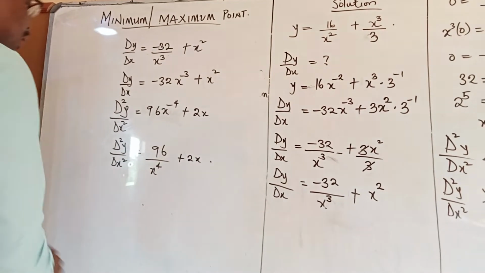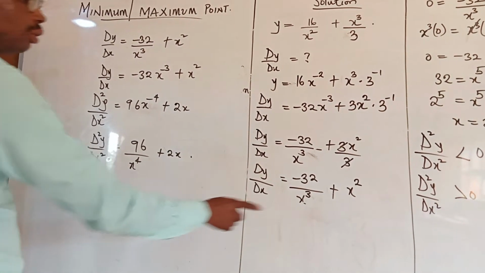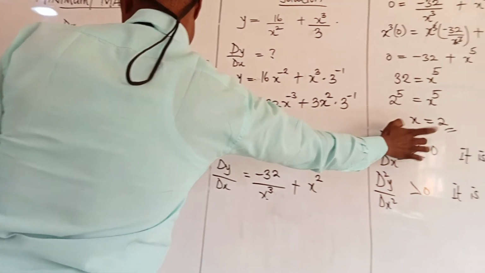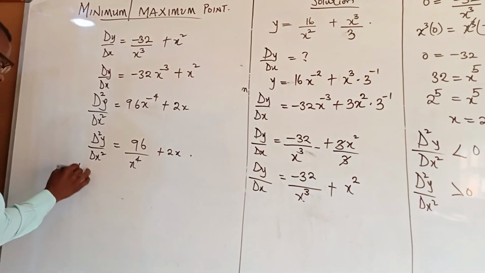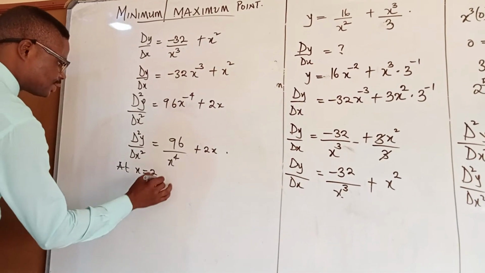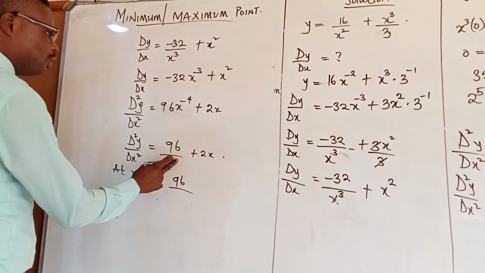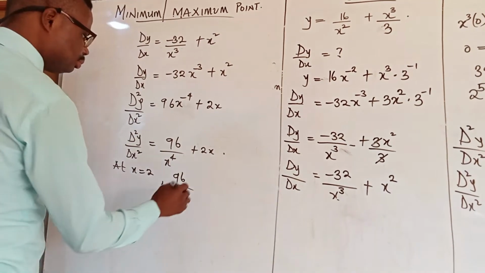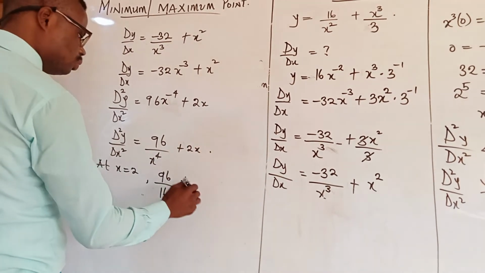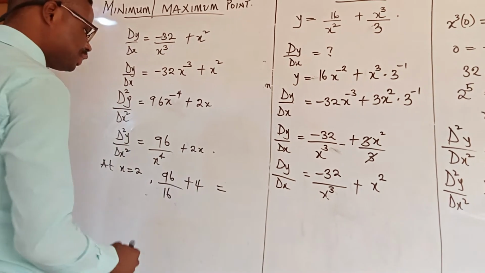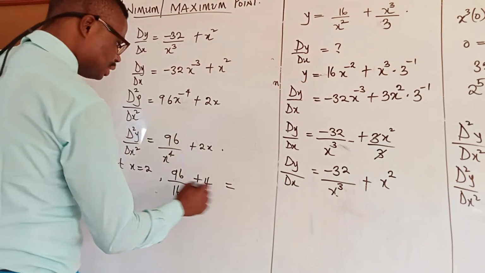Now let's substitute the value. If x equals 2, what are we going to have? I am going to have 96 over 2 raised to the power 4, which gives 96 over 16, that is 6, plus 2 multiplied by 2 which gives 4, and that gives 10.